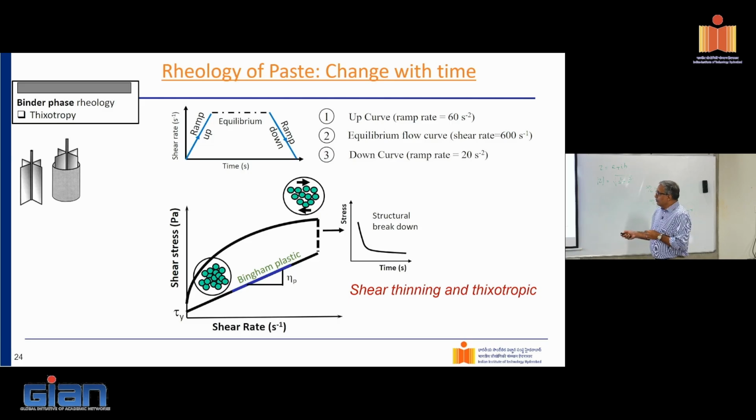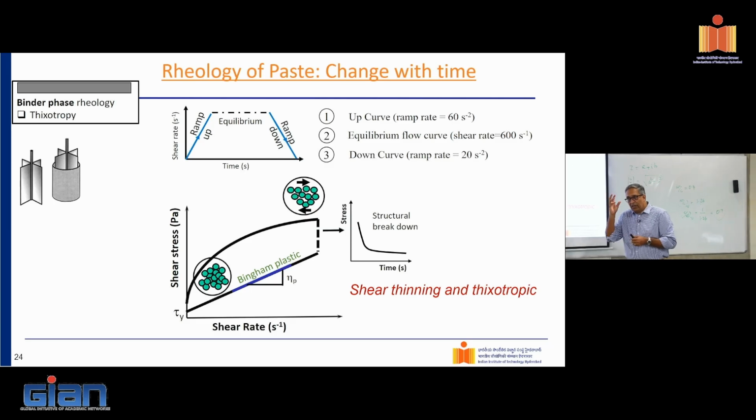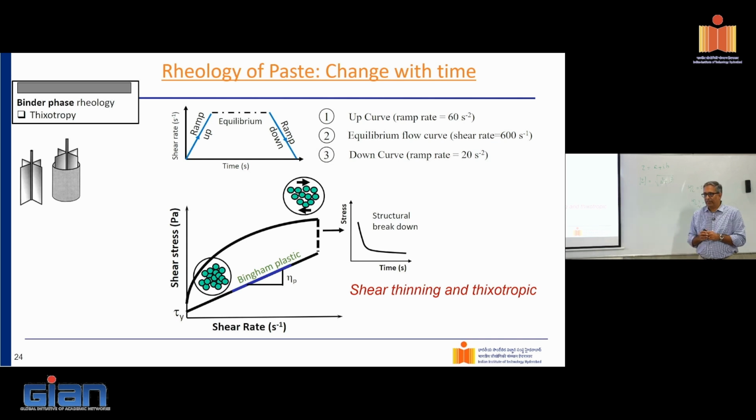Now, what happens when I do this thixotropic measurement? What am I doing in thixotropy? I'm basically at a constant strain shear rate here, right? I'm holding the shear rate constant. So what happens to the resistance I measure? The resistance decreases at a constant rate. Okay. Why does the resistance decrease? Well, these flocks that you have, as I'm shearing it at a constant strain rate, start to break down into smaller flocks.